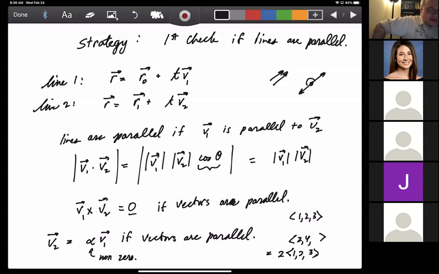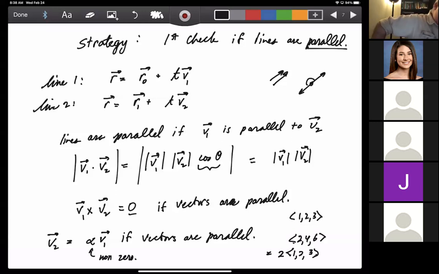I would need the 3 for these vectors to be the same. So 1, 2, 3 is parallel to 2, 4, 6 because 2, 4, 6 is the scalar multiple 2 times the first vector 1, 2, 3. Okay. So that's probably the easiest thing to check.